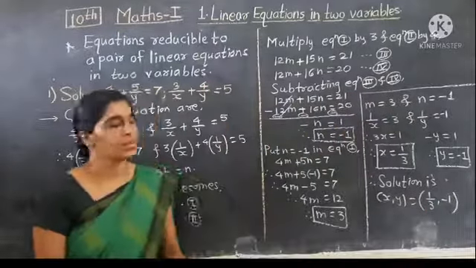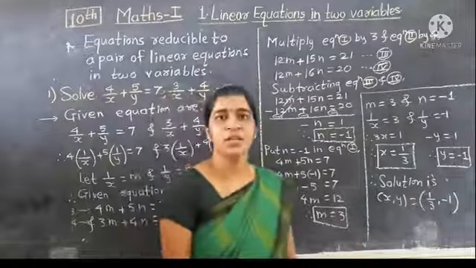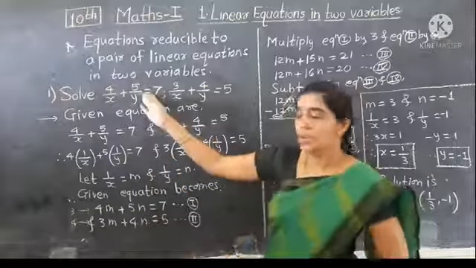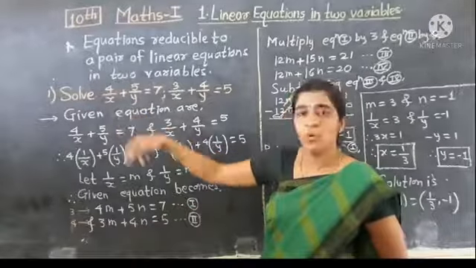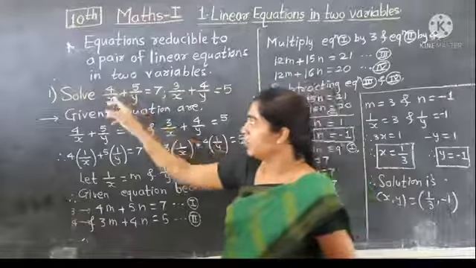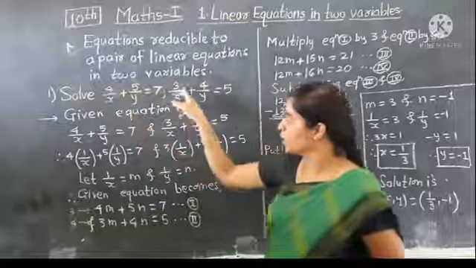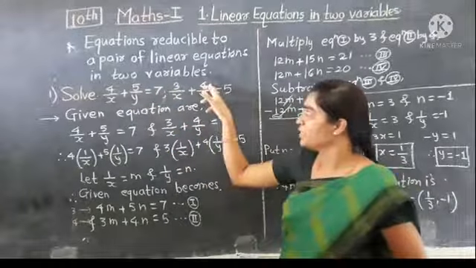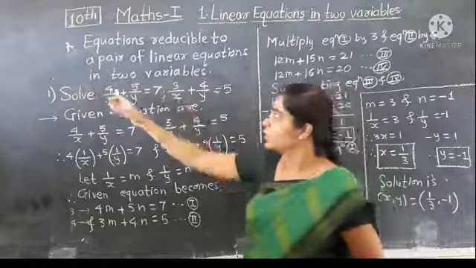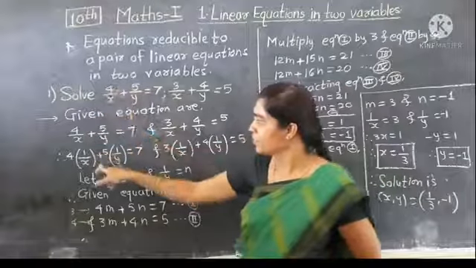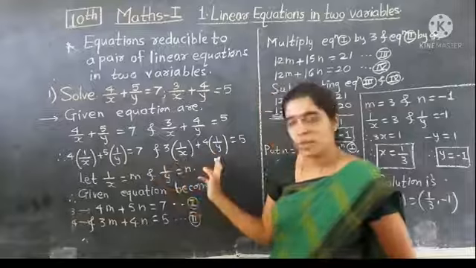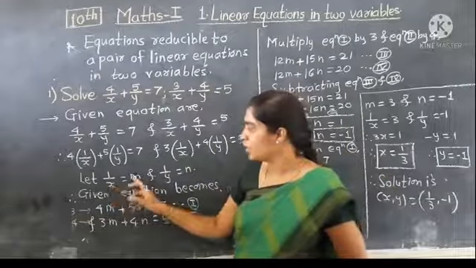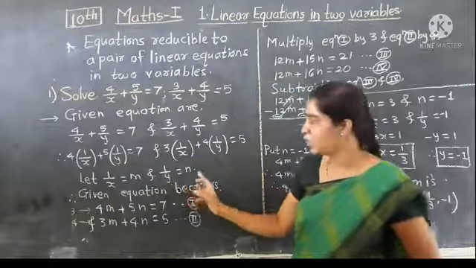Okay, students, understand? So first convert this into a linear equation in two variables. How do we convert? Here we observe 1 upon x is there, here also 1 upon x. 1 upon y is there, 1 upon y is there. So we take 4 outside, 5 outside. So we get 1 upon x, 1 upon x, 1 upon y, 1 upon y. Put 1 upon x is equal to m and 1 upon y is equal to n.